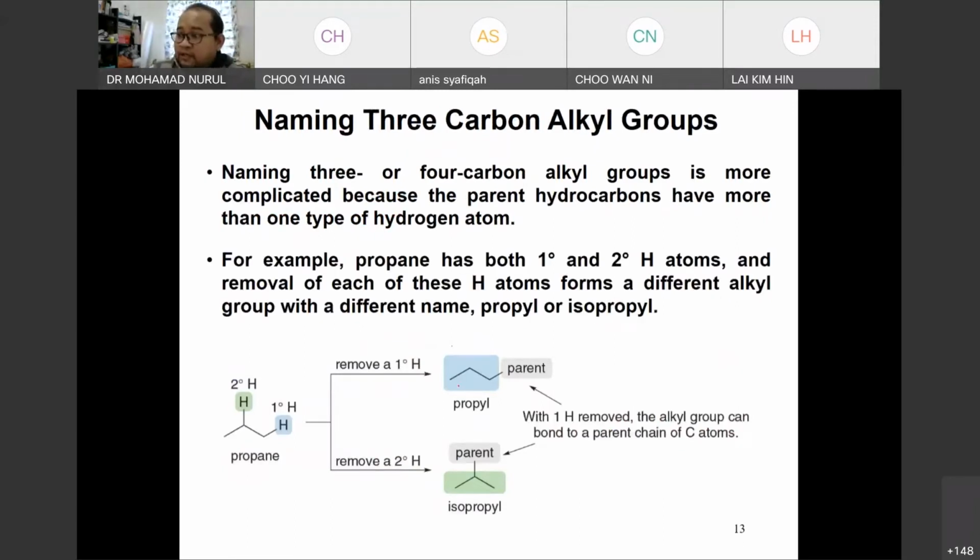So we will use the prefix propyl if this compound is in the branch position. If we remove the secondary, it becomes isopropyl. The difference is this one connecting here, this one connecting here. It's the most important thing.